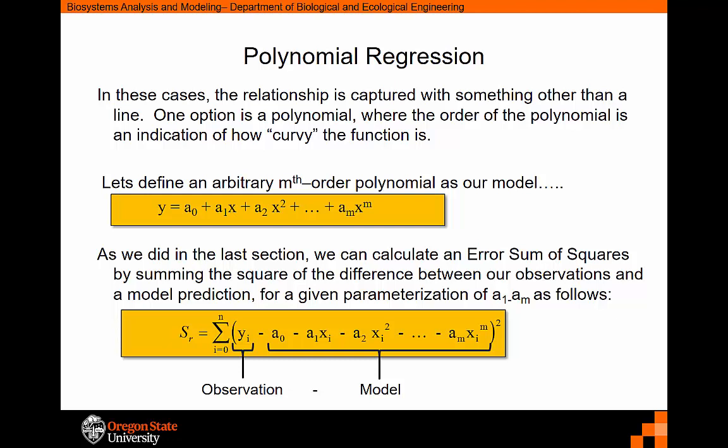A second-order polynomial contains values of x raised to the second power, and so on. Taking an approach similar to what we did with the simple linear regression, we can estimate error in a polynomial model by summing the square of the difference between our observations and our model over all observations.